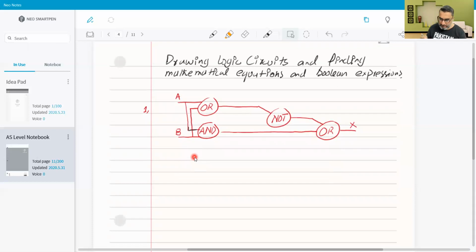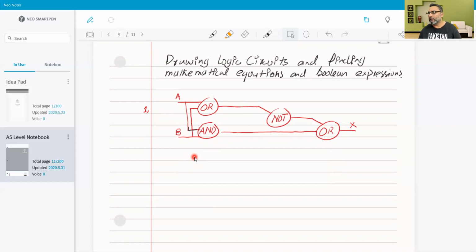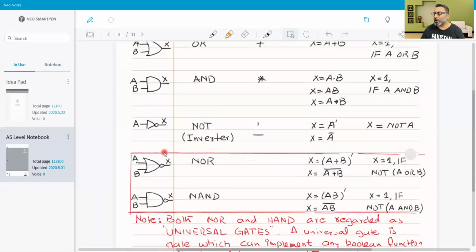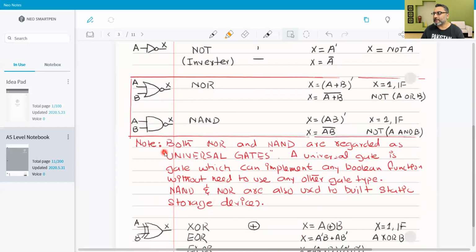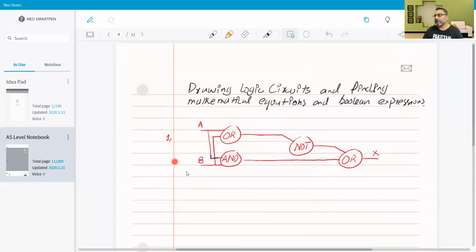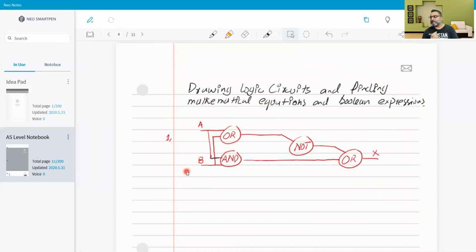First, you will have to keep all the gates in your mind: OR gate, AND gate, NOT gate, NOR gate, NAND gate, and exclusive OR gate. You have to remember all of those so that you can prepare these circuits properly and easily. So let us see how we can easily make these circuits.